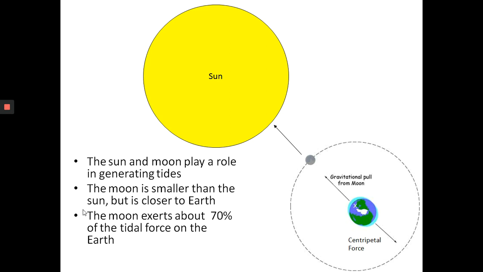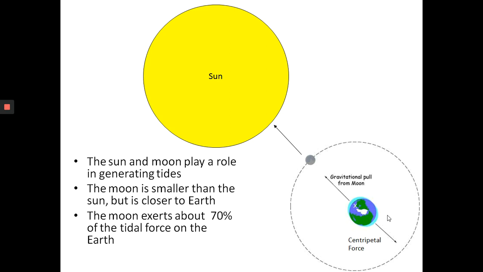Now, the main players in tidal forces are the sun, the moon, and the earth, and you have gravitational pull between them, and you also have them moving around each other, right?